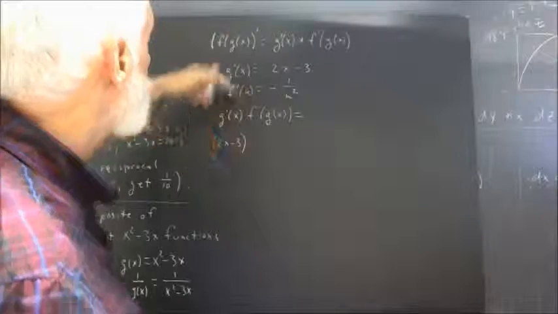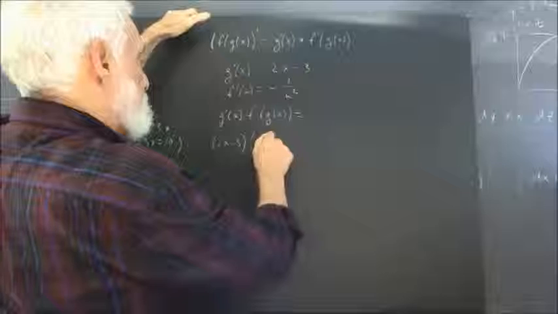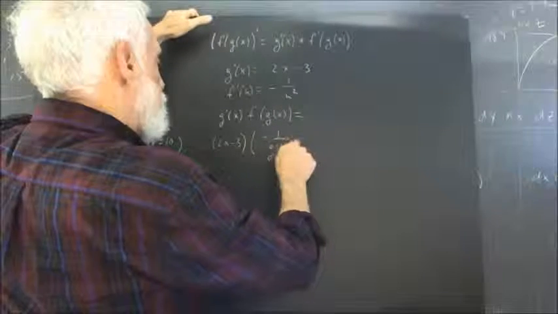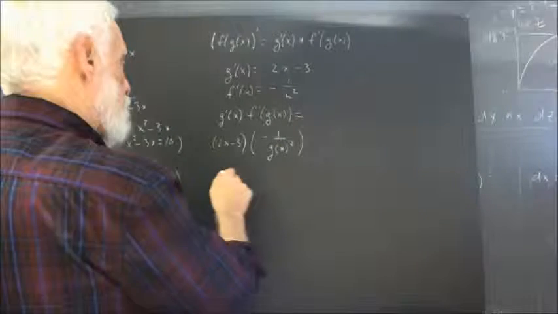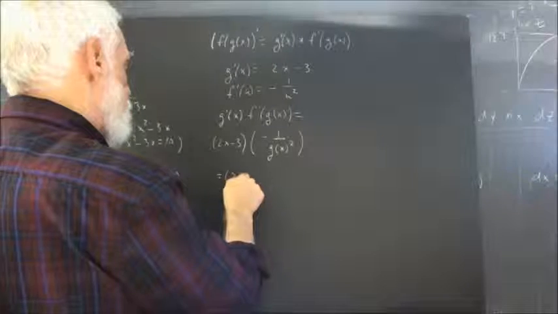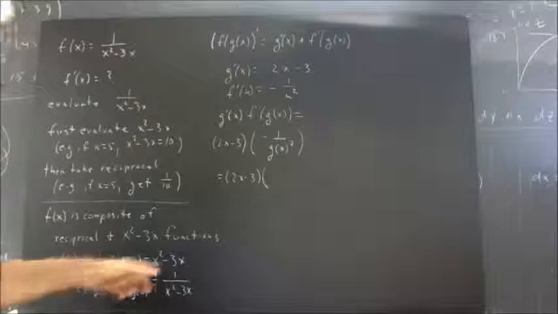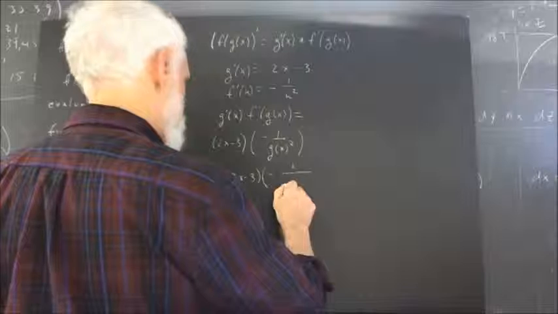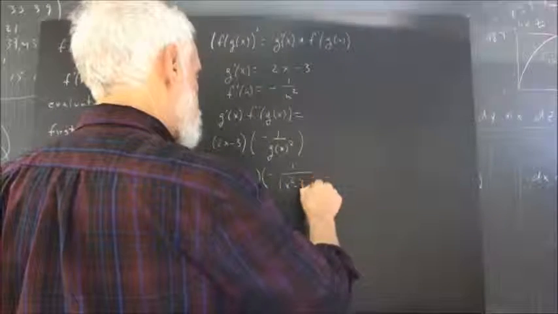You should think this through before you watch what I say. f prime of g of x is negative 1 over g of x squared. And that's equal then to, write out the 2x minus 3 first. g of x is x squared minus 3x. So it's this times negative 1 over x squared minus 3x, quantity squared.